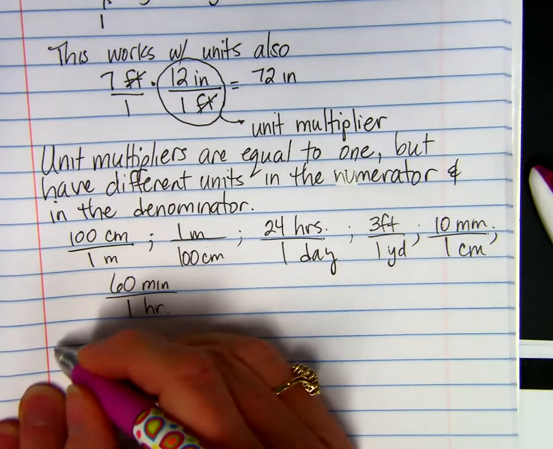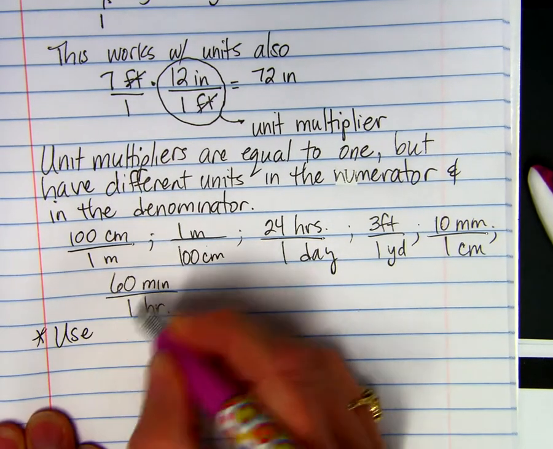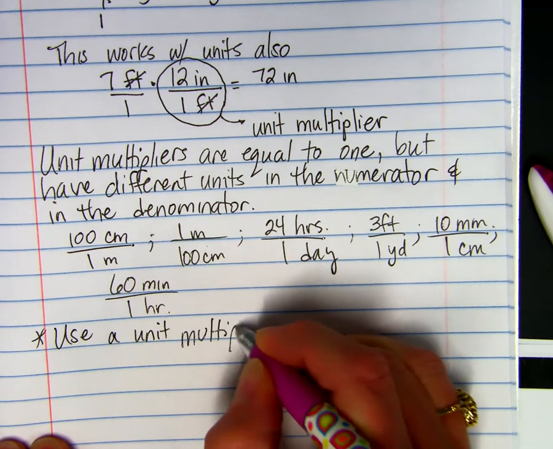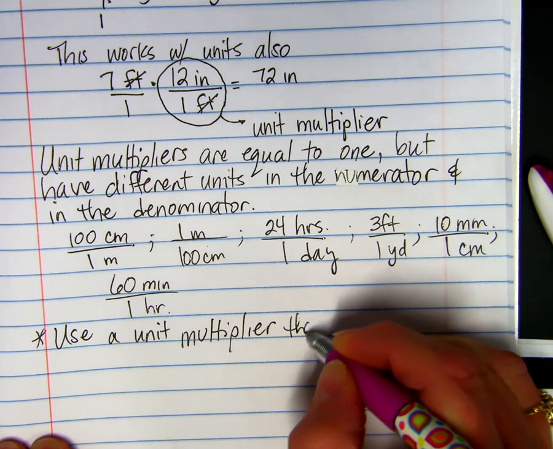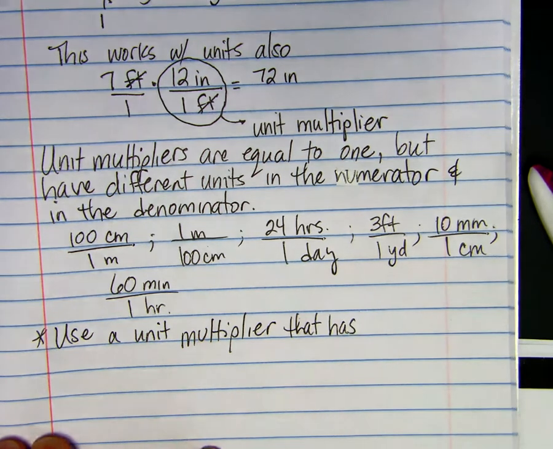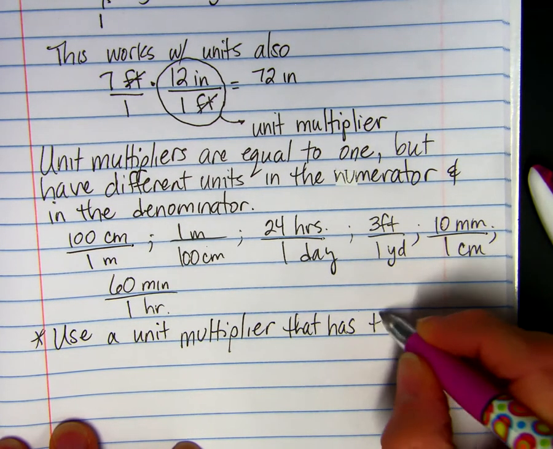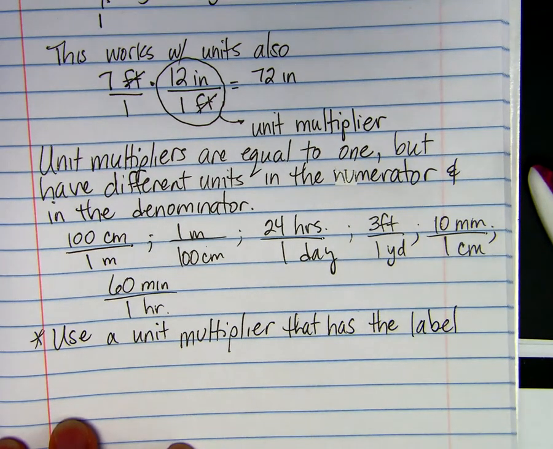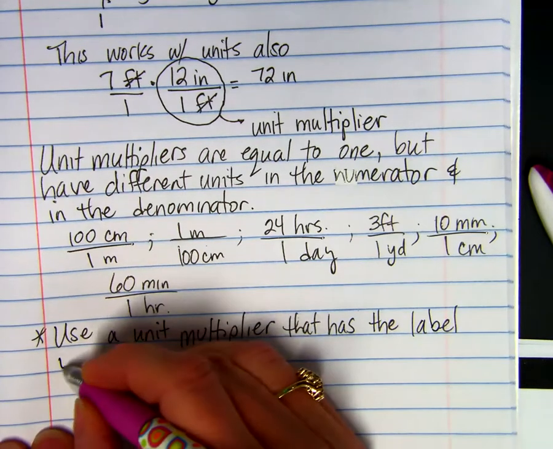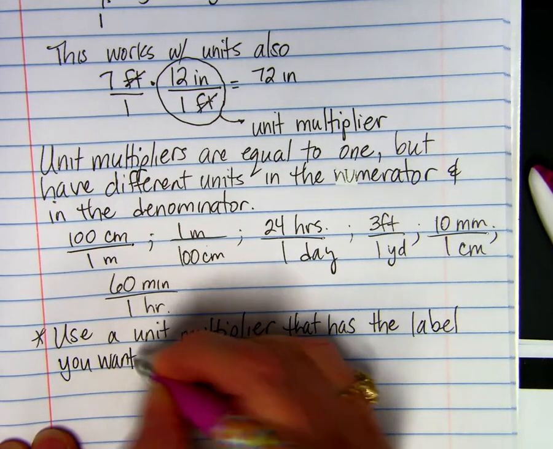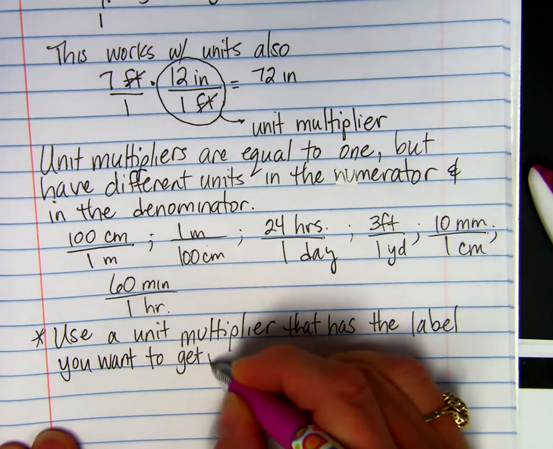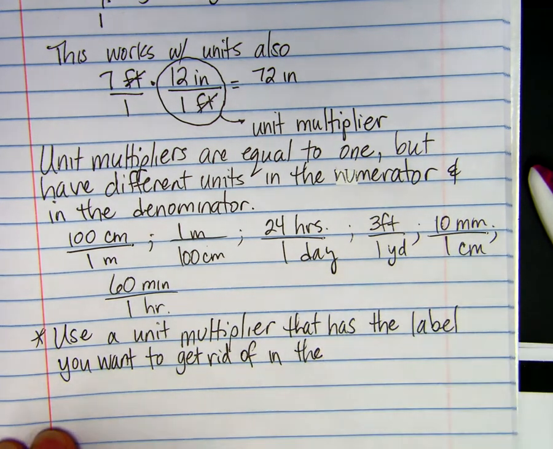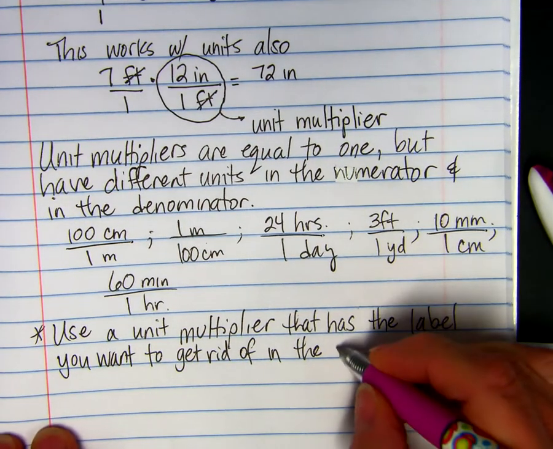So we're going to write a sentence with a little star by it that says use a unit multiplier that has the label, this one says unit, I'm going to change it to label, you want to get rid of. In the denominator, not on the bottom.